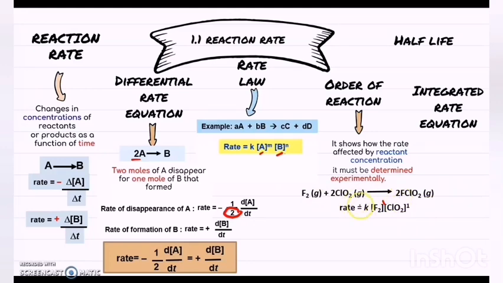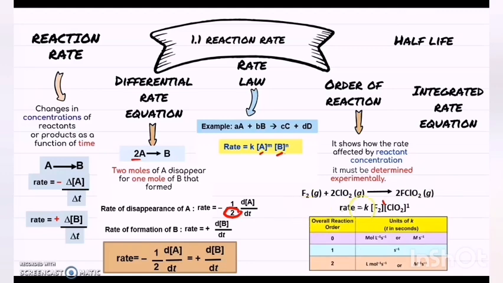In this reaction, I can say that it is first order with respect to fluorine gas and first order with respect to ClO2. From the rate law and the order of reaction with respect to each reactant, we can know the overall order. In this rate law, the overall order is 1 plus 1 equal to 2.